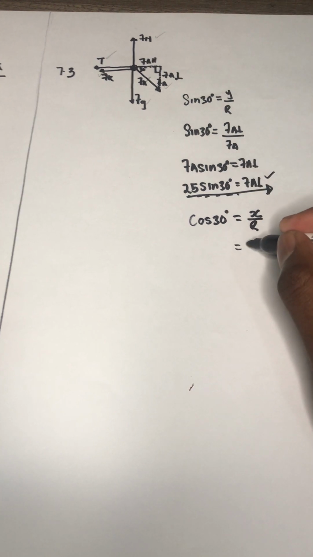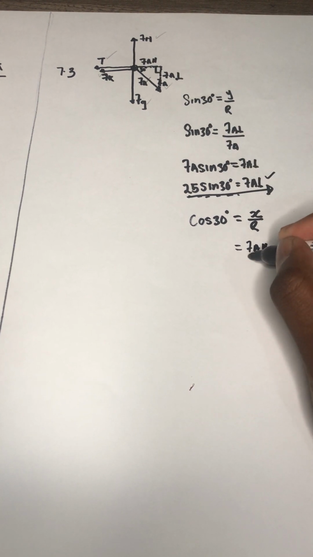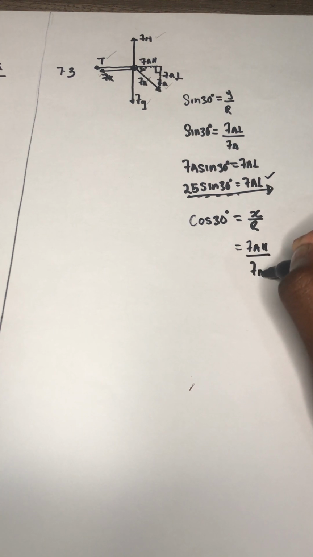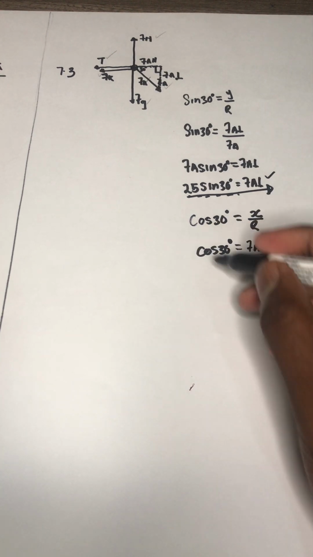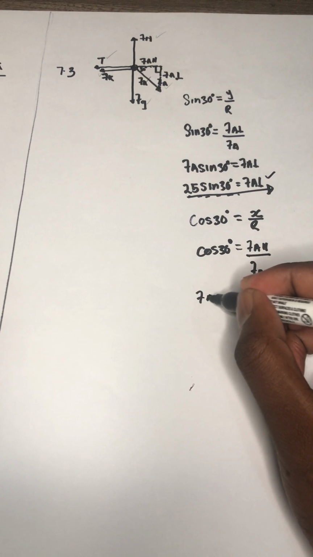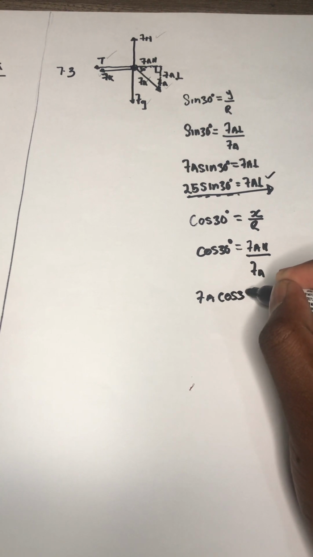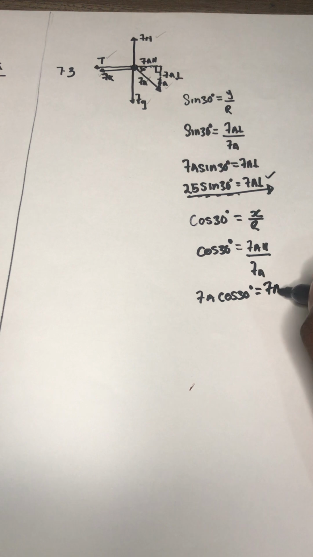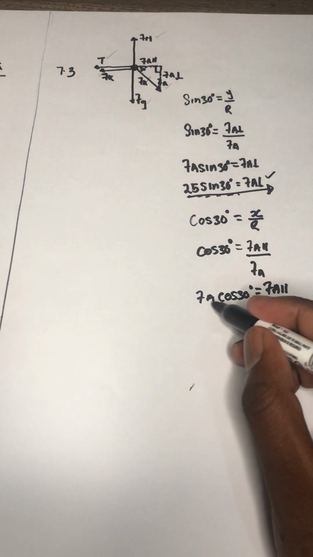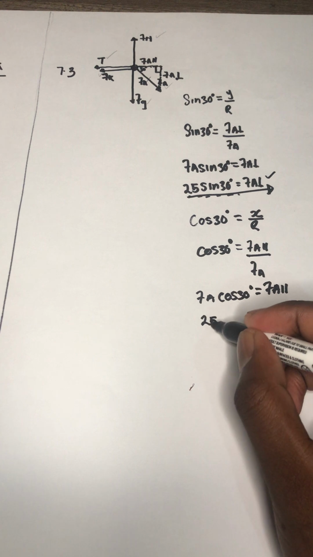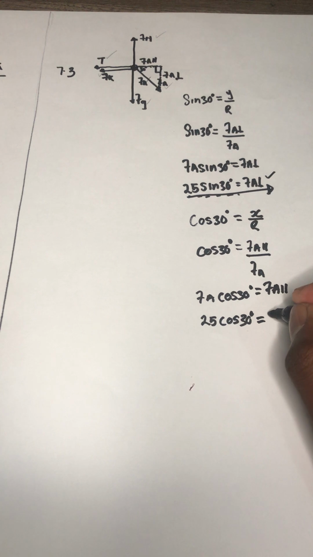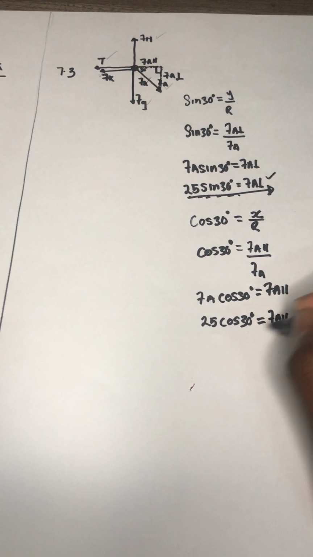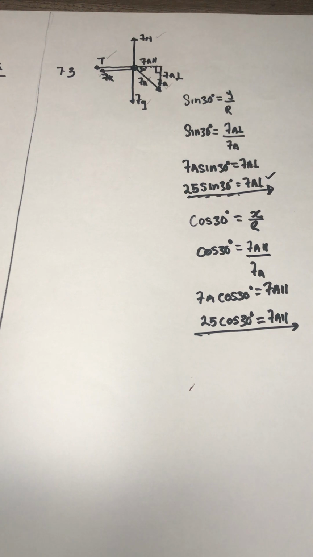Okay, adjacent in this case it is FA parallel over hypotenuse, which is FA. Okay, and then we cross multiply, we get FA cos 30 is equal to FA parallel. Siyamazi FA ubani 25. So this will make a solution yethu ukuthi ibe lula sikwazi ukuthi sifike kwi solution asadingi ukuthi siwacabanga ama component.